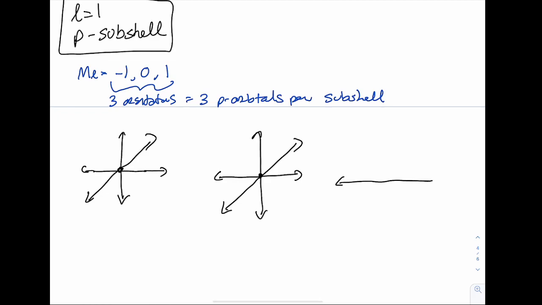And these should all be the same size once I start drawing the orbitals. Again, my artistic skills are limited, but I'm going to do my best. I might have to erase a couple times.